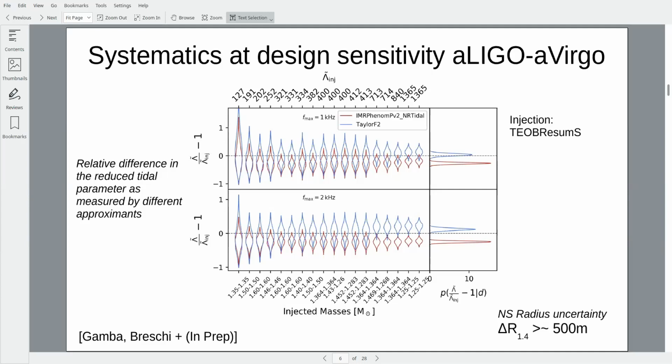So basically, the take home is that perhaps excluding the post-Newtonian approximant, which you might not want to use at very high frequency, there is no way to know which waveform is more correct. And this will be a projection of what will happen, not in 10 years, but just at design sensitivity.